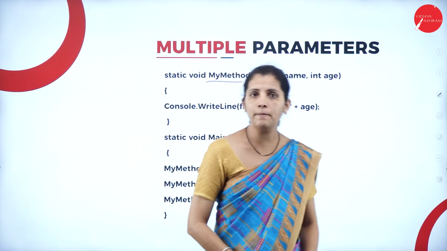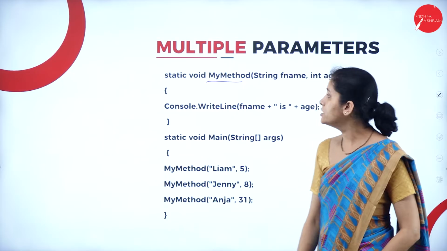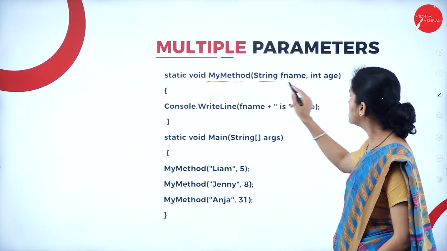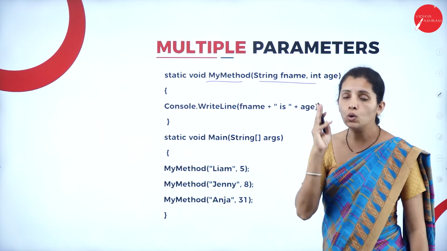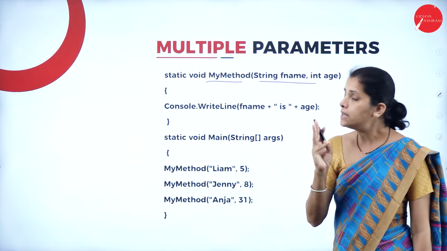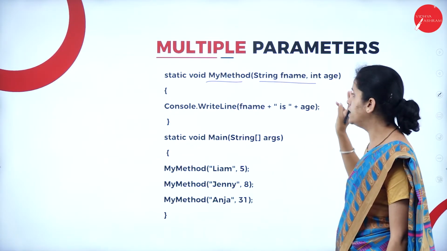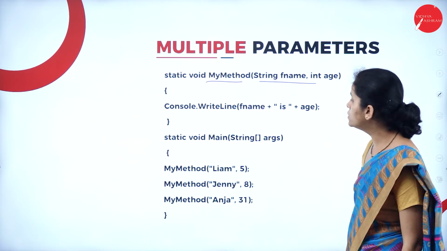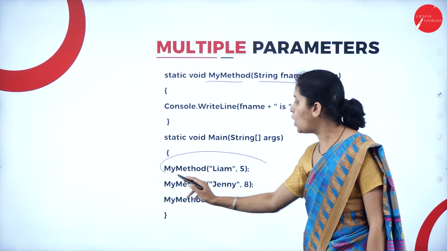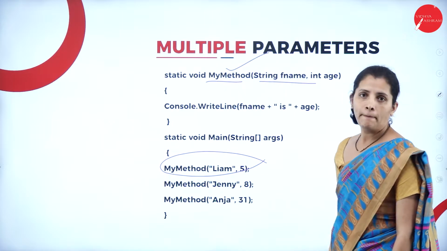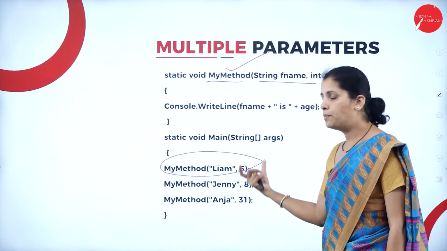That is my method. And this function is capable of holding two variables, one of type string and another of type integer. Now, dear student, I'm going to call this method in my main program.